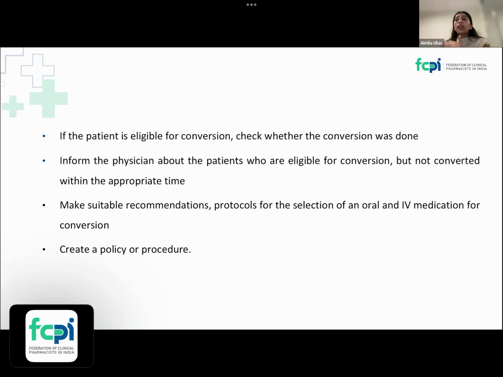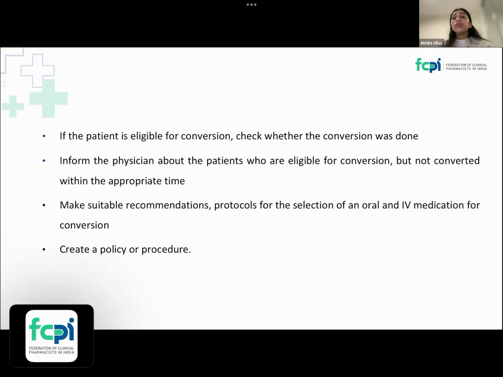So there should be a continuous conversation between the physicians and other healthcare workers who are working with you in the critical care area, and make suitable recommendations and protocols for the selection of oral and IV medication for conversion. And earlier I mentioned there are no protocols or guidelines for every drug's conversion.